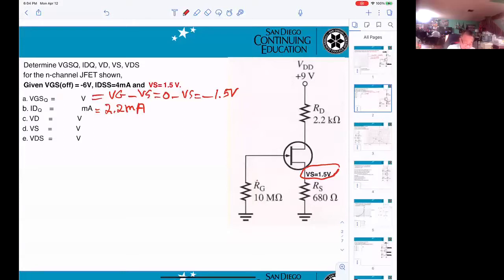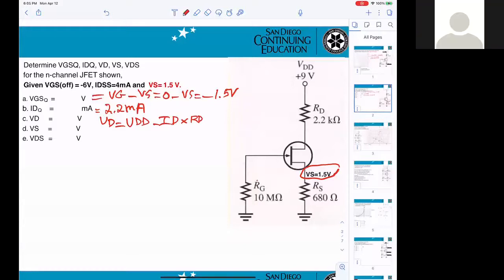And if you want the VD, then VD will be equal to VDD minus ID times RD. See what you get.